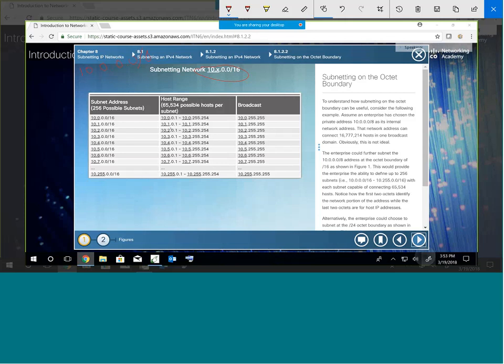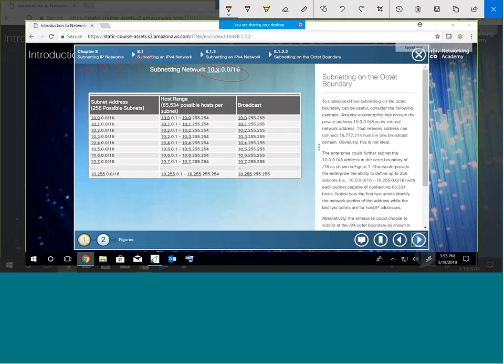Now you can see here how when you borrow 8 bits, you've got a variable of 1, okay? So they have to roll all the octets that they didn't borrow anything by.